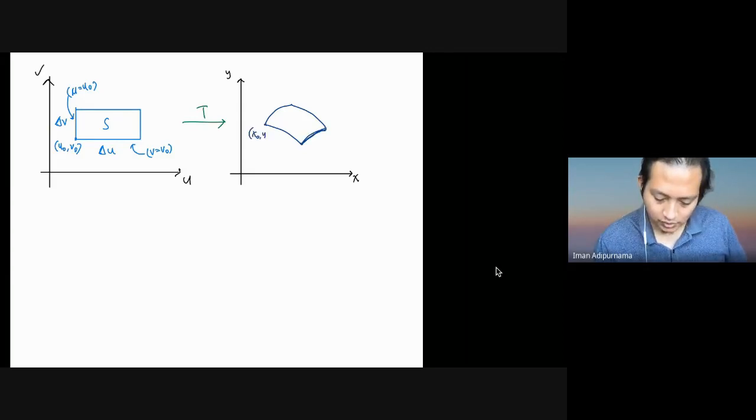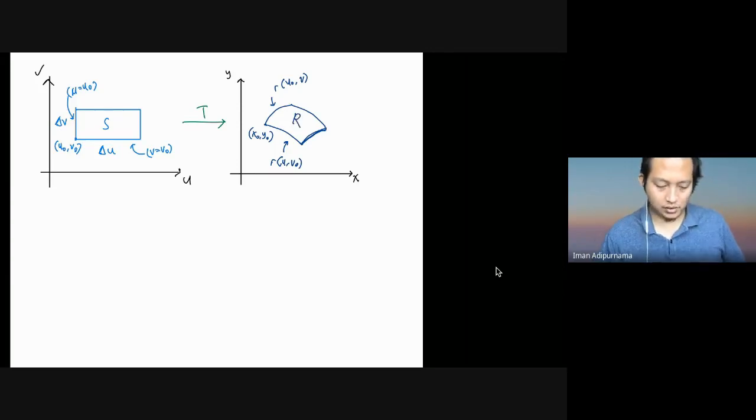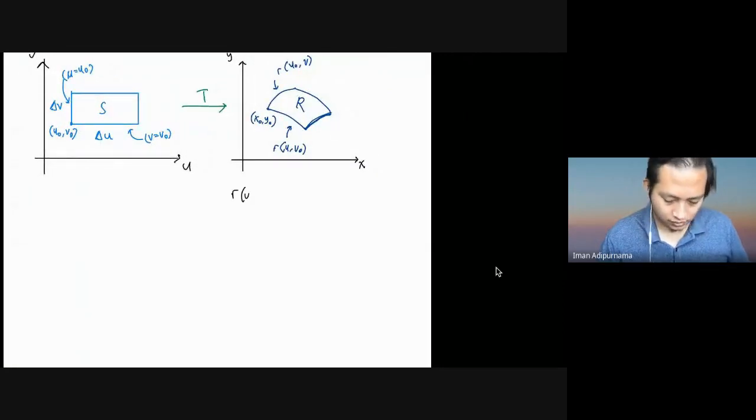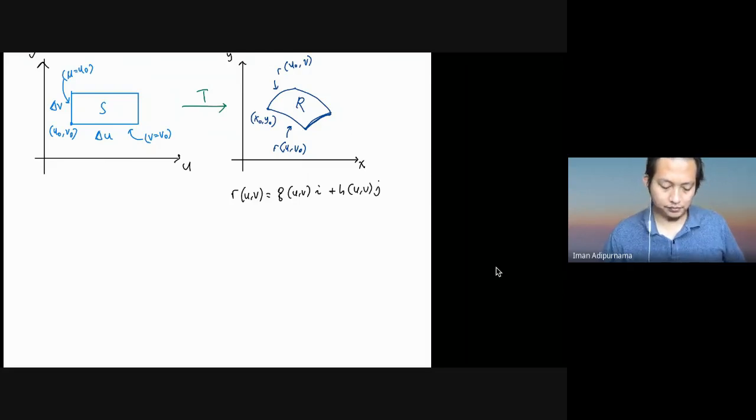Let's take this as x0, y0, and take this r of u0 and v, and this also r of u and v0, and this is the region R. And r is actually a function, and becomes a vector function.